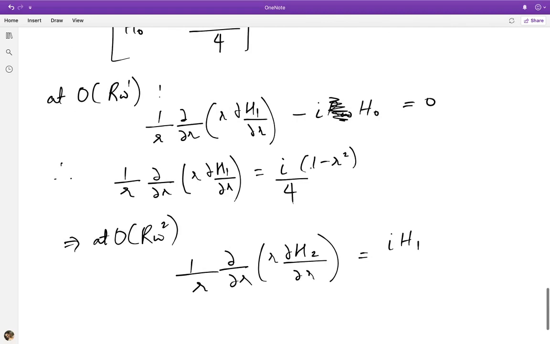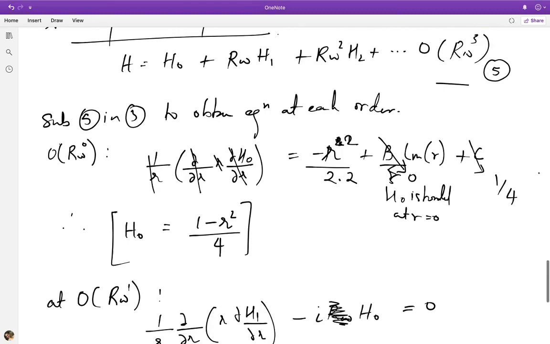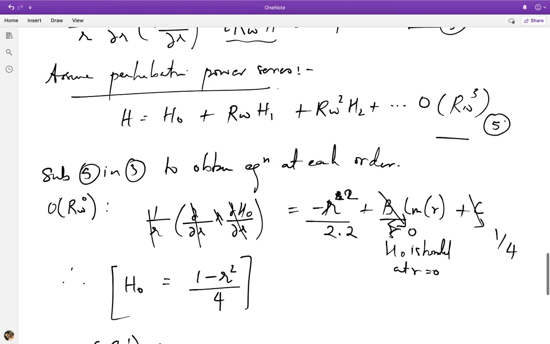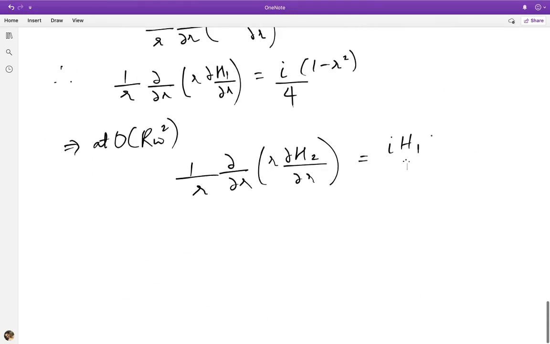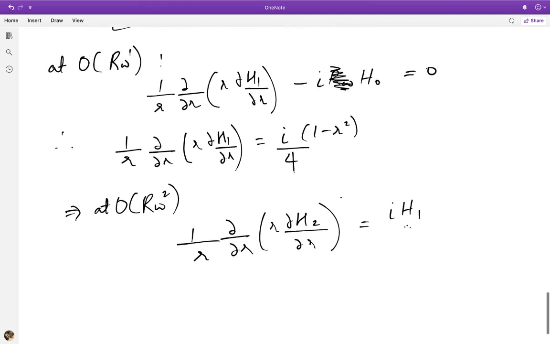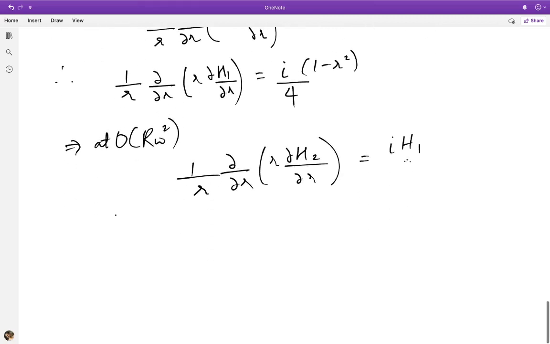So by solving this equation for h1 and then substituting it in here, I can then solve it for h2, and so on and so forth. I can build up the perturbation series solution. But we'll stop at second order, and I'll leave it to you to do these simple nested integrations and just write out the full solution for you, so that we can proceed with our analysis.